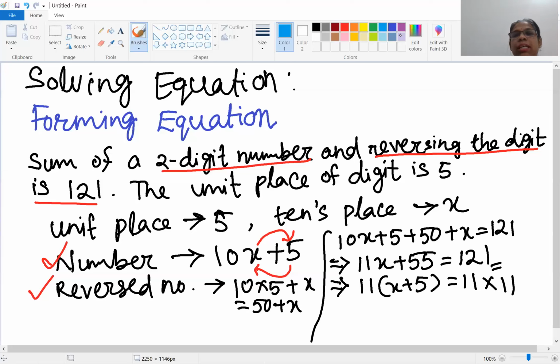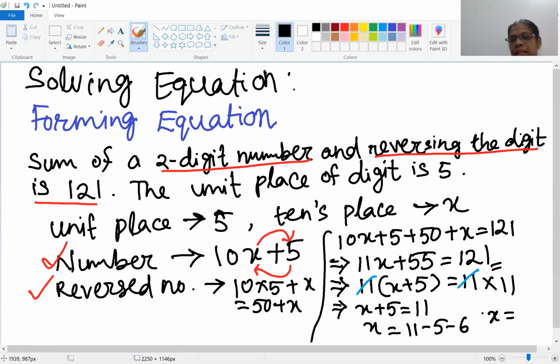As 11 is on both sides, I can remove it. x plus 5 is equal to 11. x is equal to 11 minus 5, which is 6. I got my value here: x is equal to 6.